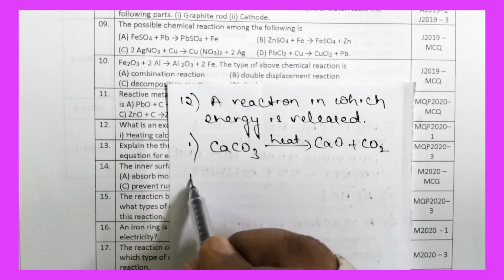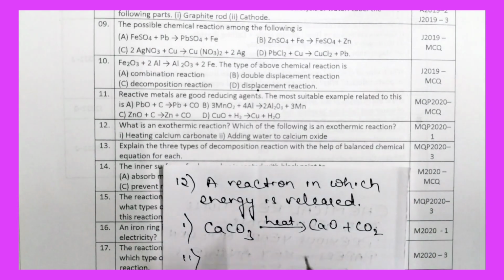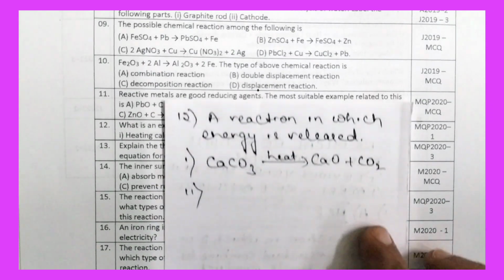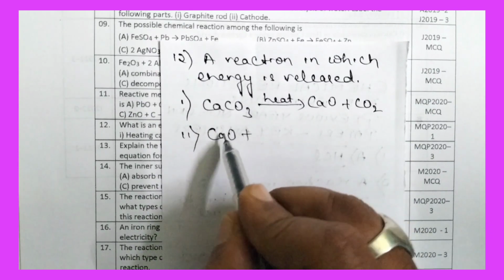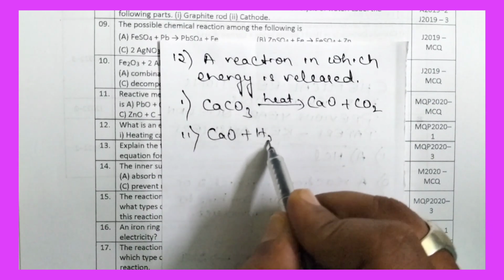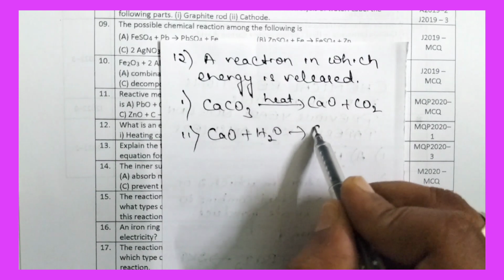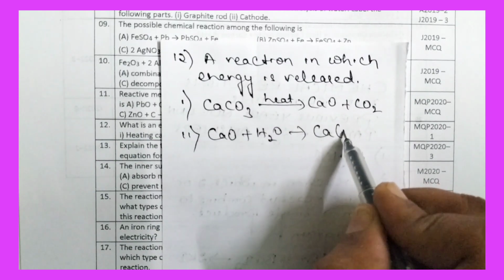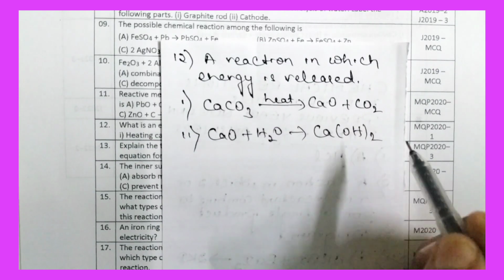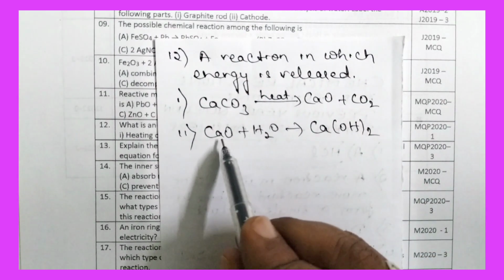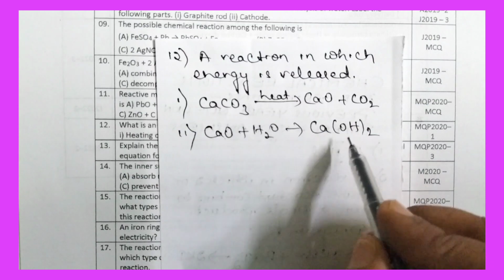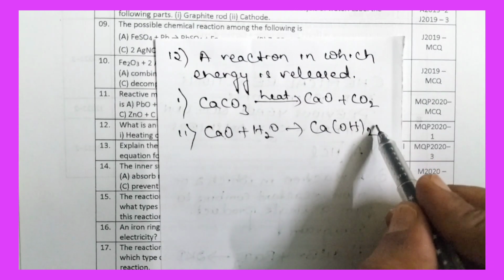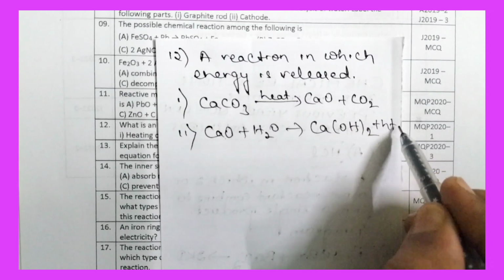The second option is adding water to calcium oxide. So calcium oxide is CaO, lime, plus water, it will give rise to lime water, that is Ca(OH)2. So when water is added to calcium oxide, it forms calcium hydroxide and releases heat.